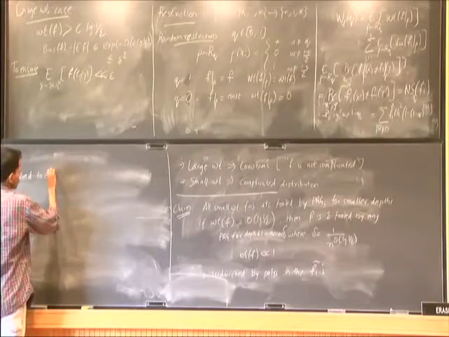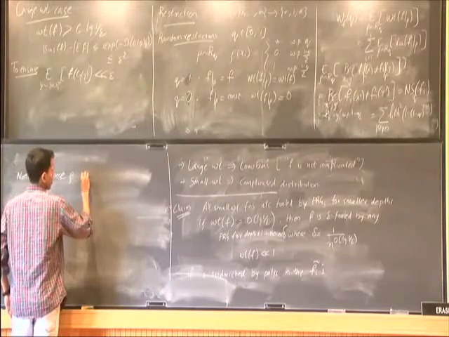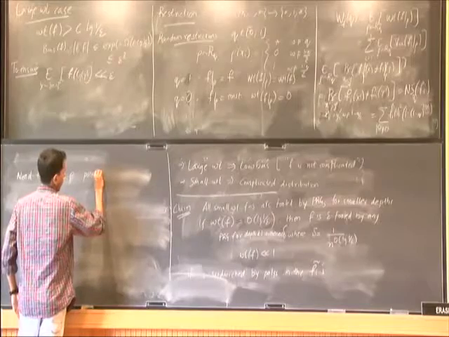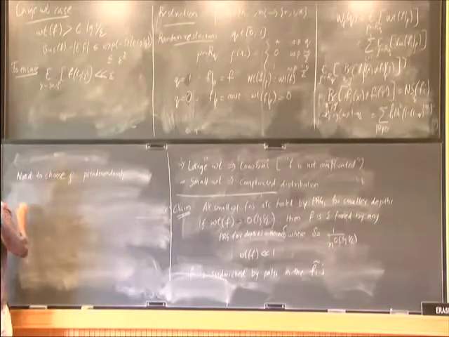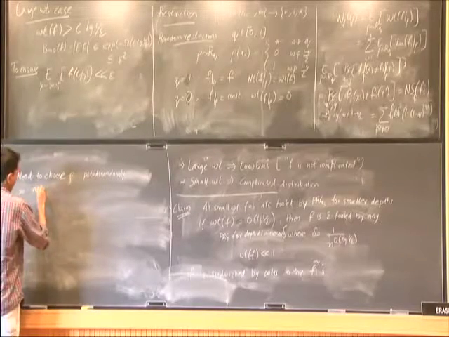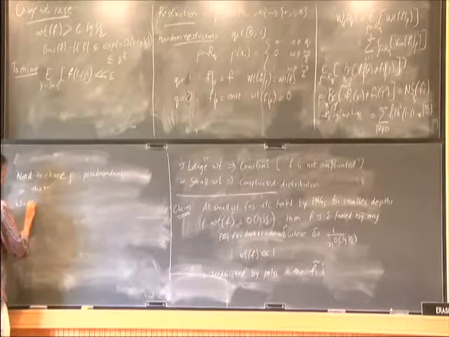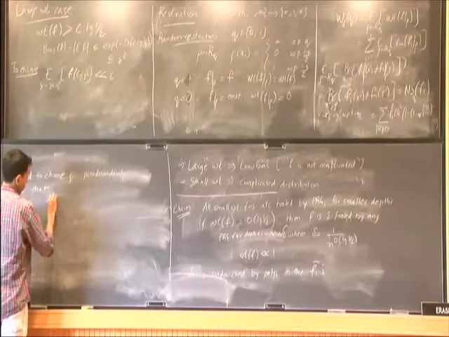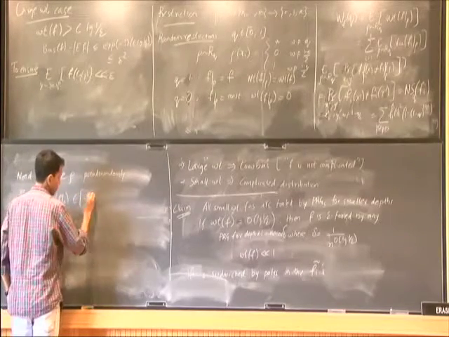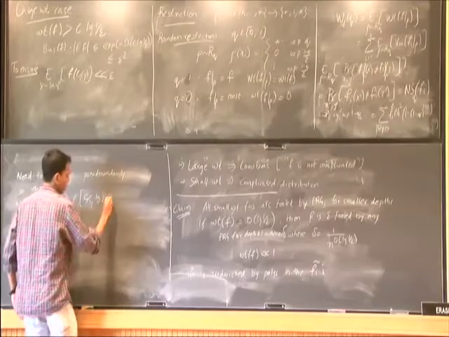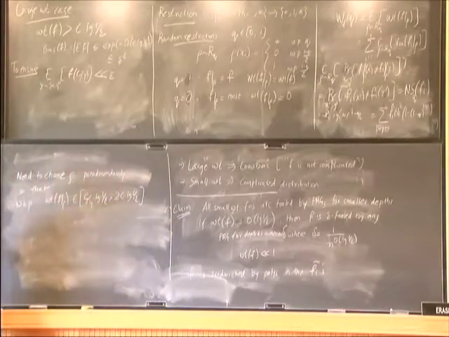We need to choose this rho pseudo-randomly, so that, well, what we would like is that with high probability the weight of f after applying the random restriction lies in a reasonable range.